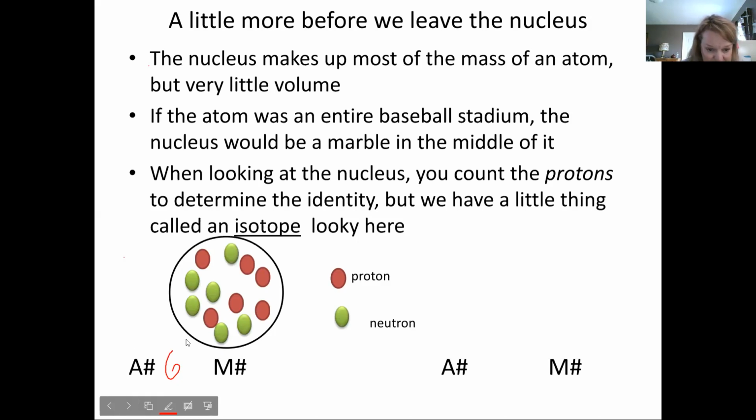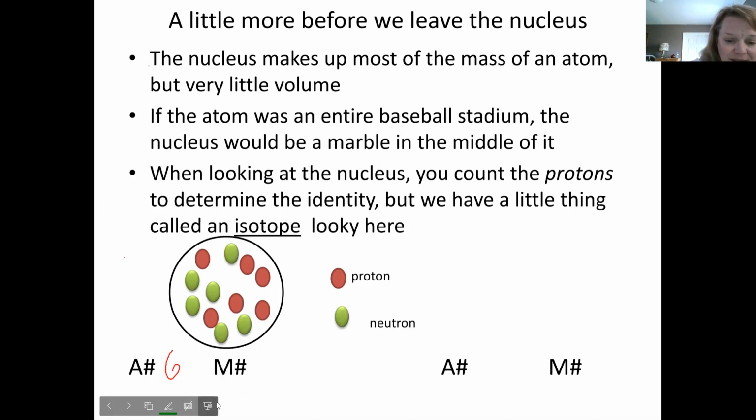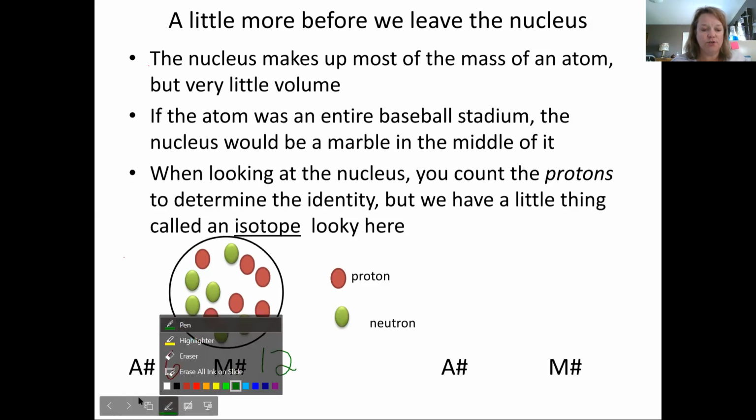I add those together, my 6 protons and my 6 neutrons, to get my mass number, right? So the mass number for this is 12. This is an isotope of carbon that we call carbon 12. And I'm going to show you on the next page how to represent these in the right format with symbols and stuff.